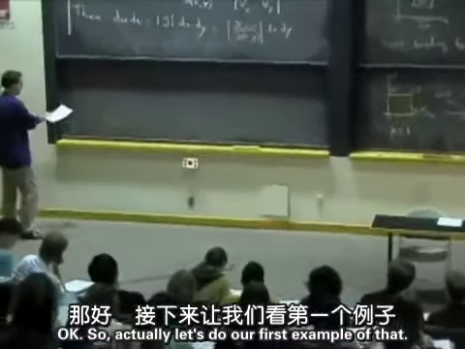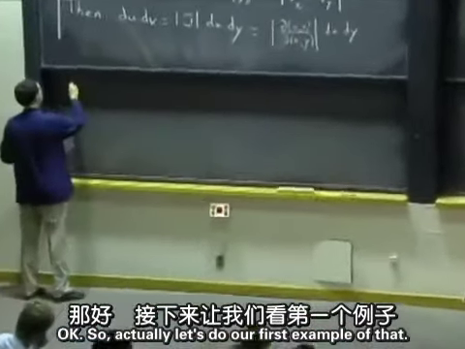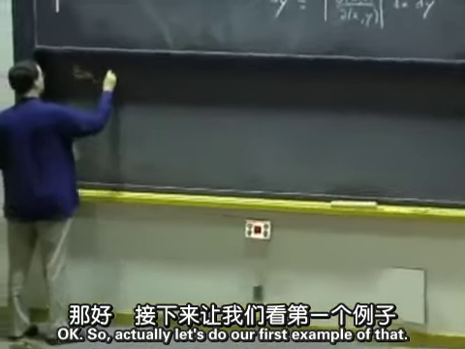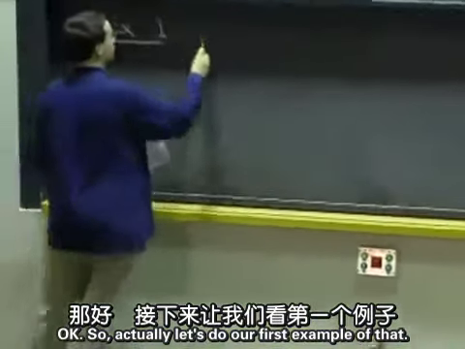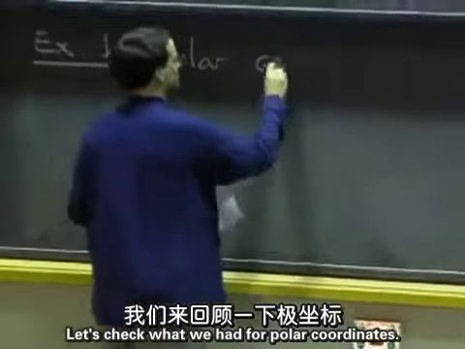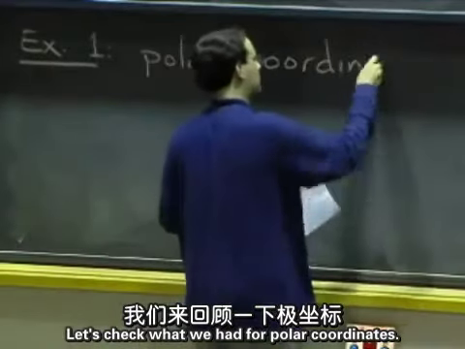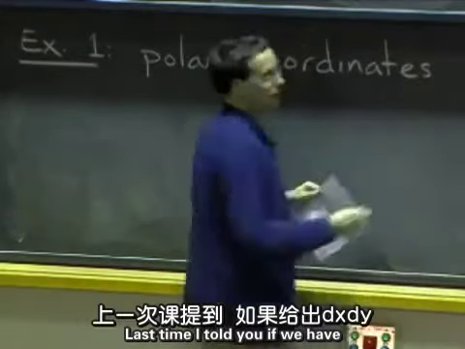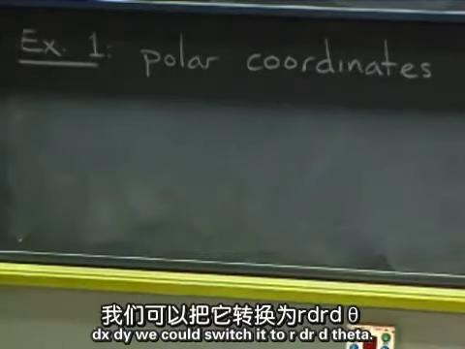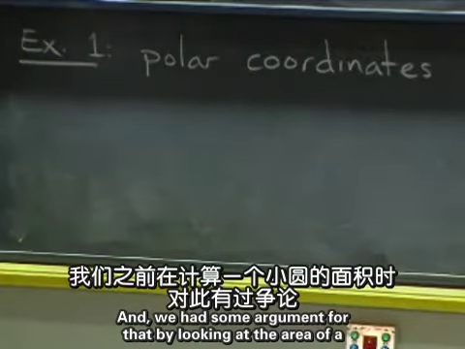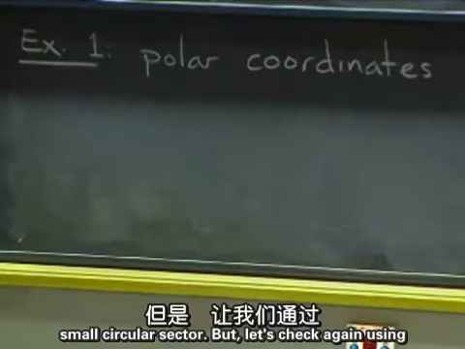So actually, let's do a first example of that. Let's check what we had for polar coordinates. Last time I told you that if we have dx dy, we should switch it to r dr d theta. And we had some argument for that by looking at the area of a small circular sector.